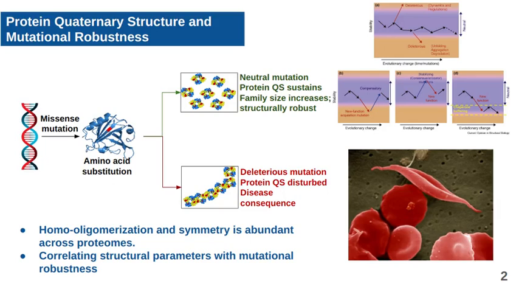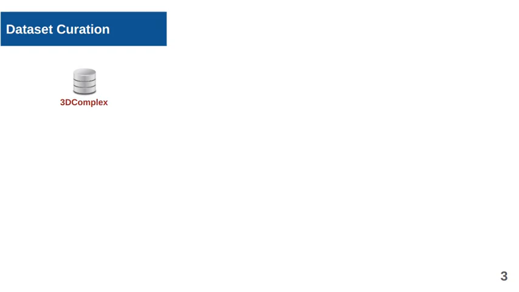We aim to study structural properties and analyze their relationship with protein family size, which is an indicator of robustness or evolvability. So we curated our dataset from the 3D Complex database, which contains protein quaternary structure information and annotations for structure quality errors as well as other related structural properties.